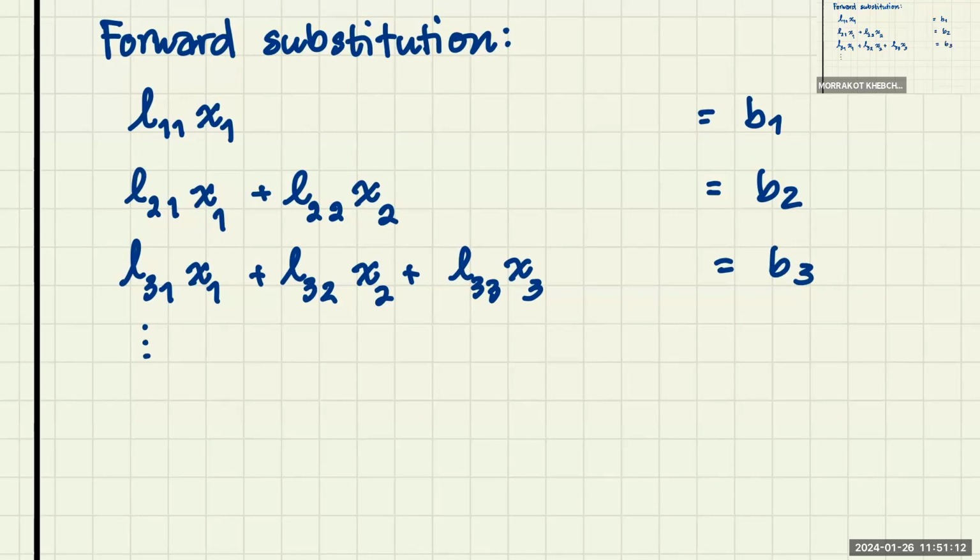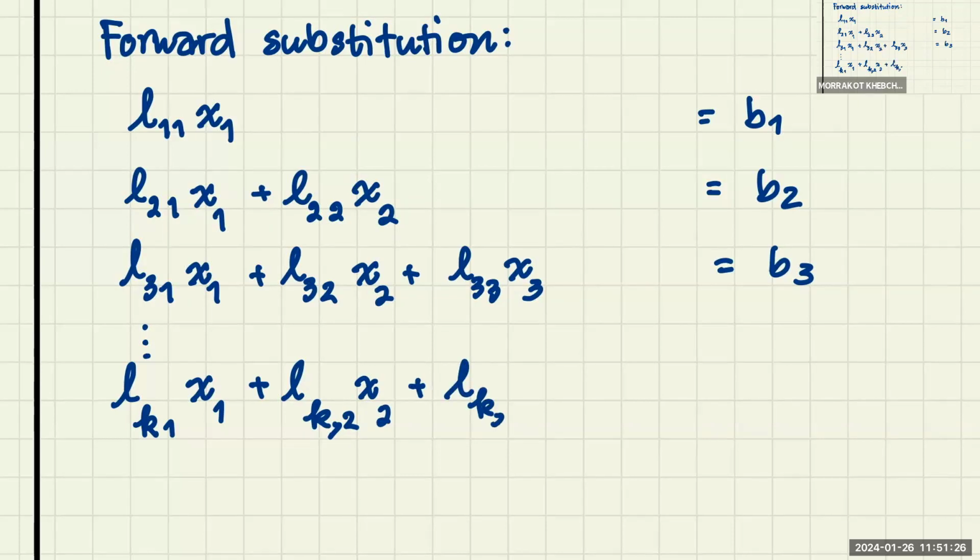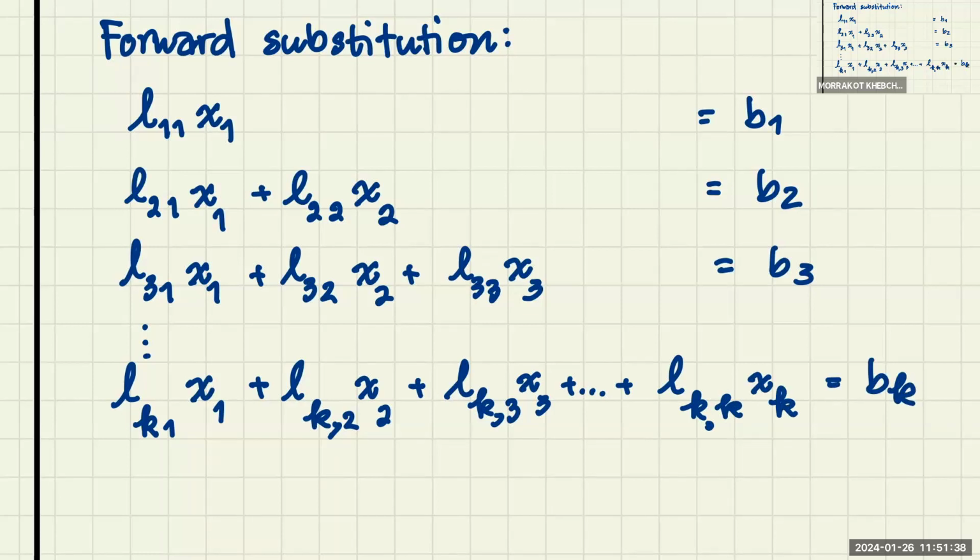If you add the k row, you will have Lk1 x1, Lk2 x2, Lk3 x3 plus blah blah blah plus Lkk xk equal to bk, right?